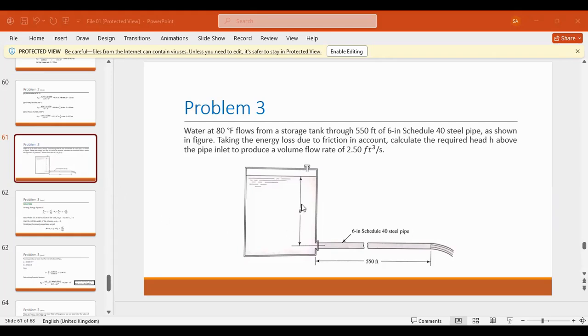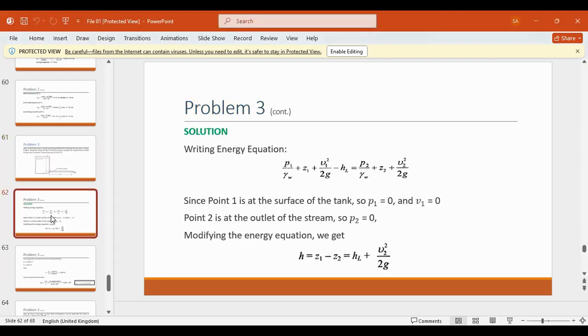Here you can see that we have the storage tank and the pipe is connected to it. The pipe is a 6-inch schedule 40 pipe and the length of the pipe is 550 feet. We have the height of water as h. This is the Bernoulli equation.